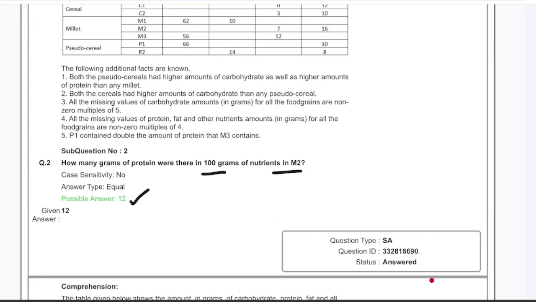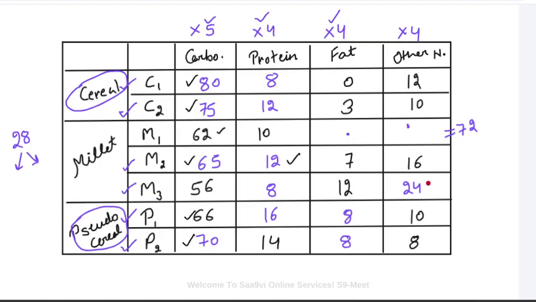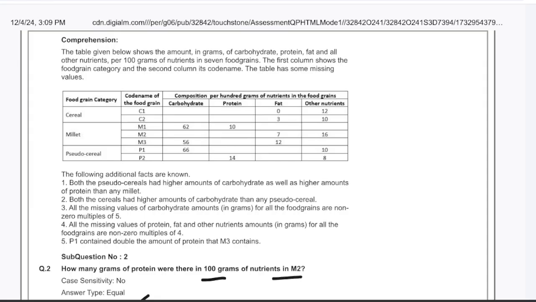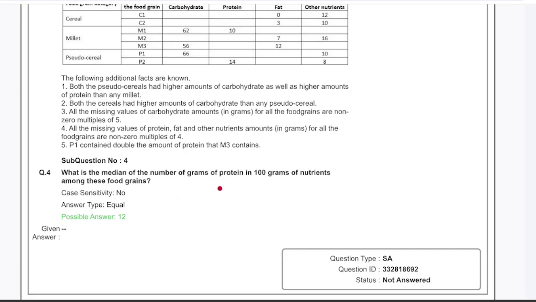That is right. The third question says how many grams of other nutrients were there in 100 grams of nutrients in M3? In M3, that is 24. That gives me the answer to that also. The next question was the median of the number of grams of proteins.